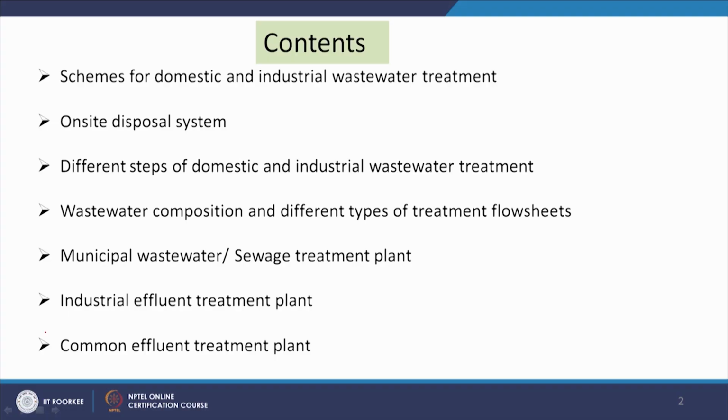And in this class we will discuss schemes for domestic and industrial wastewater treatment, then on-site disposal system, different steps of domestic and industrial wastewater treatment, and wastewater composition and different types of treatment flow sheets, and then municipal wastewater or sewage treatment plant, and industrial effluent treatment plant and common effluent treatment plant.